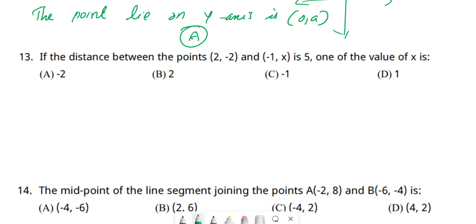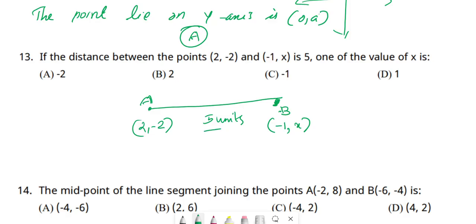So there is a point A, 2, -2, and another point B, whose coordinate is -1, x, and the distance between these points A and B is 5 units. So we need to find the value of x. We can use the distance formula here.